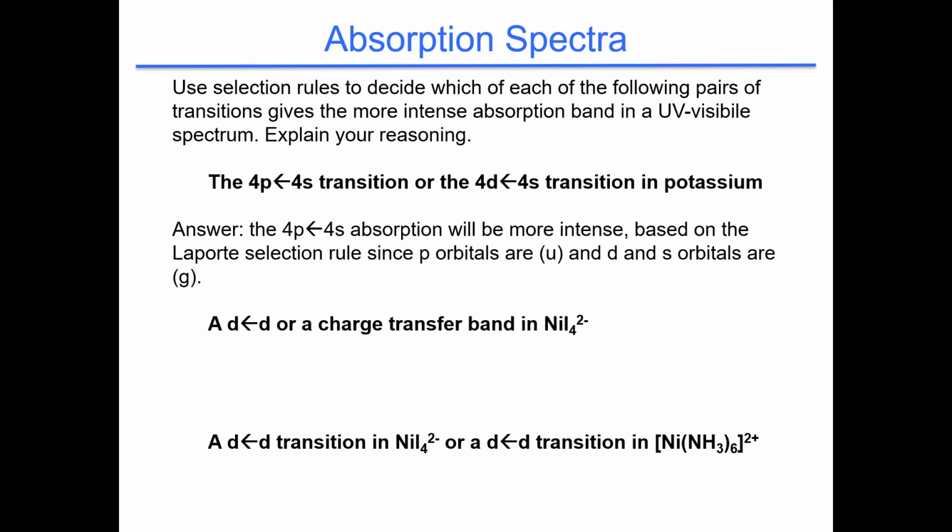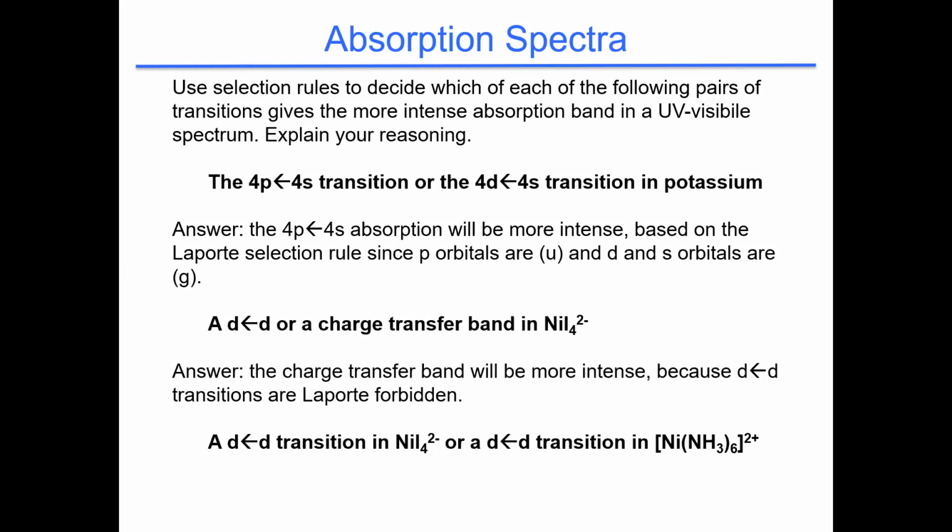Which one will be more intense, a d to d transition or a charge transfer band in this nickel complex? Obviously the charge transfer band will be more intense because d to d transitions are Laporte forbidden, as we've discussed.